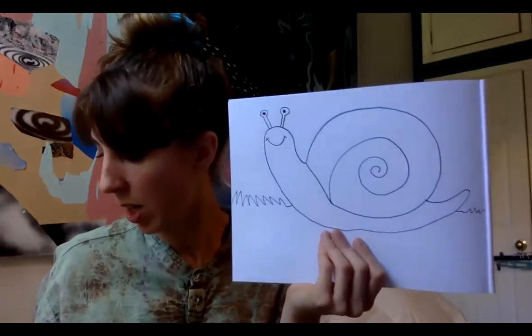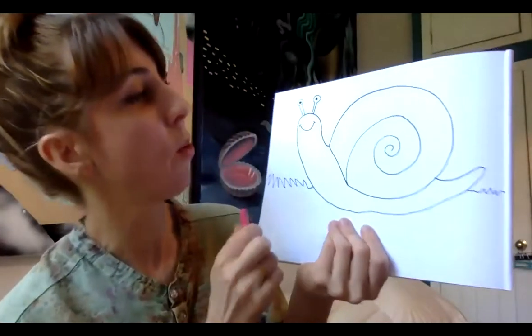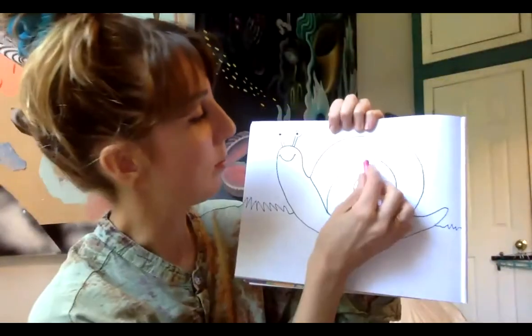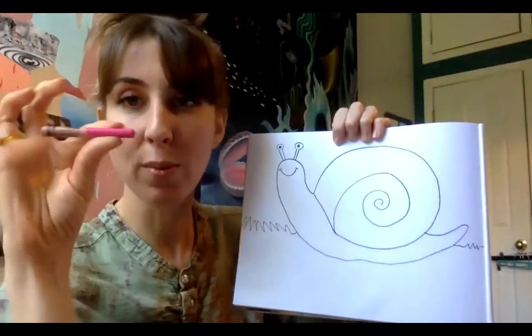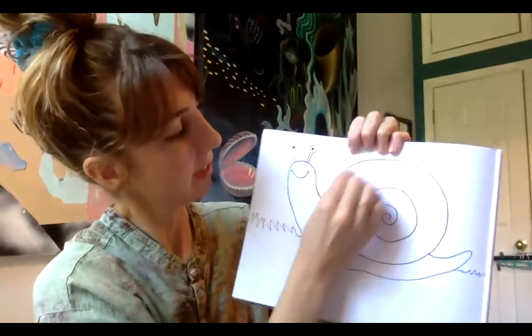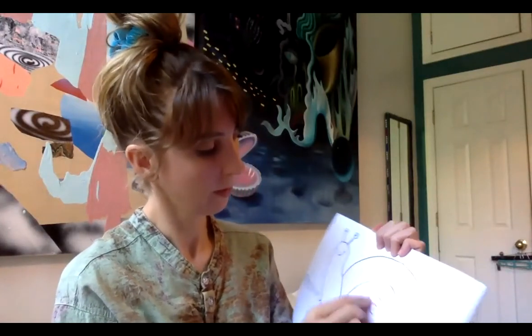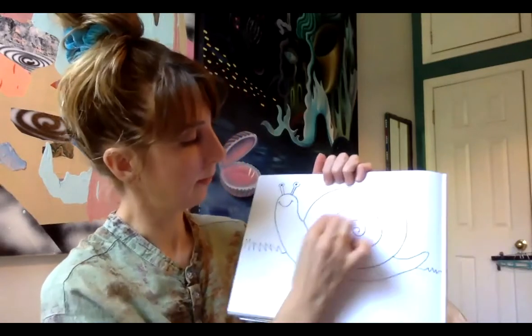Use whatever kind of colors you like. I think I want my snail to be pink. I'm going to use my crayon on its side. It's hard to do it while I'm holding it up.